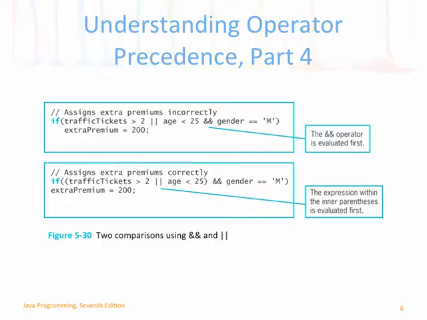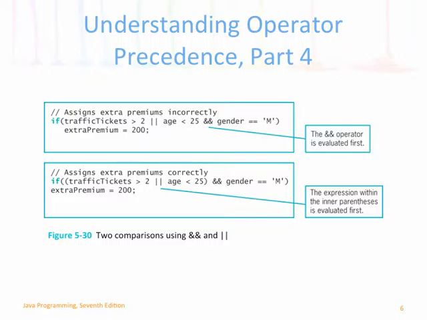Here's an example. If we are assigning extra ticket premiums, if someone has more than two traffic tickets, and they're less than 25 years old, and they're male. So what's going to happen? First thing we're going to do is evaluate the and. Age less than 25 and male, we're going to charge them an extra $200, regardless of whether or not they have extra traffic tickets.